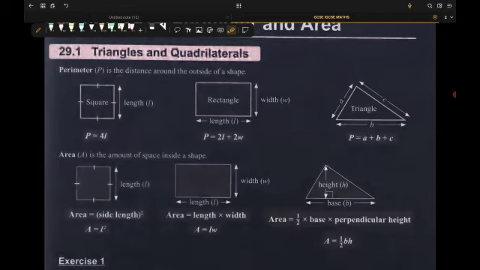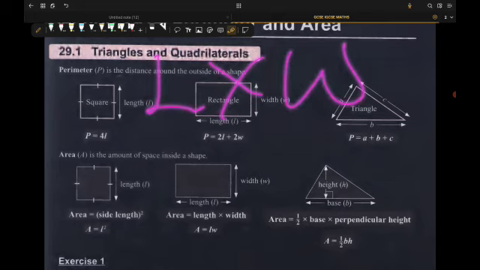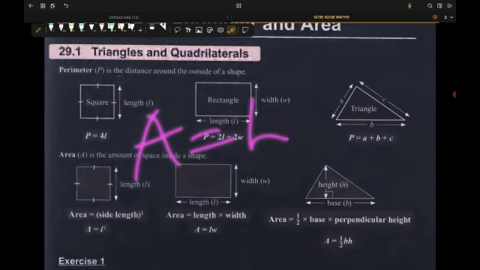For area of a rectangle, just multiply the length and the width. For us to calculate the area of a rectangle, all we usually do is we say area is equal to length multiplied by width.